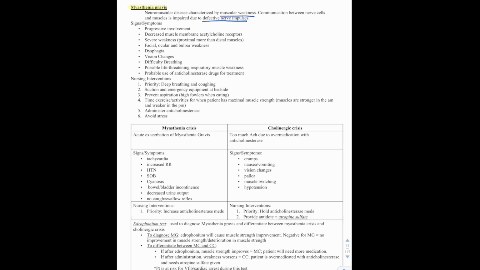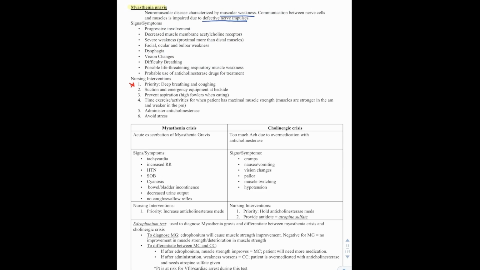So our nursing interventions include our priority is going to be deep breathing and coughing. We also may need to suction and have emergency equipment at the bedside, again, because of that respiratory muscle weakness. We want to prevent aspiration, so keeping them in a high Fowler's, especially when they're eating.